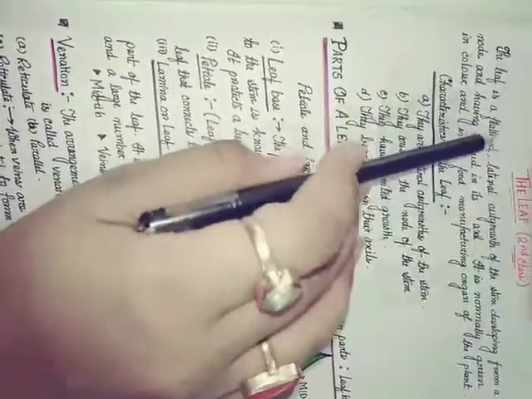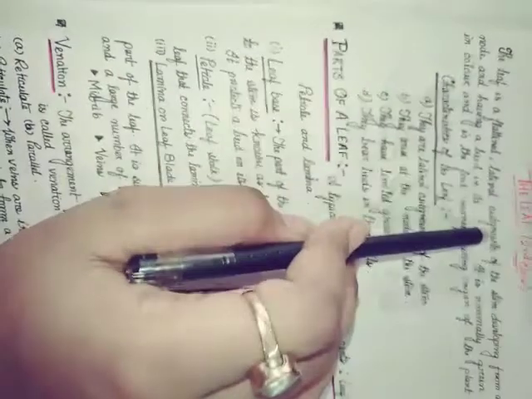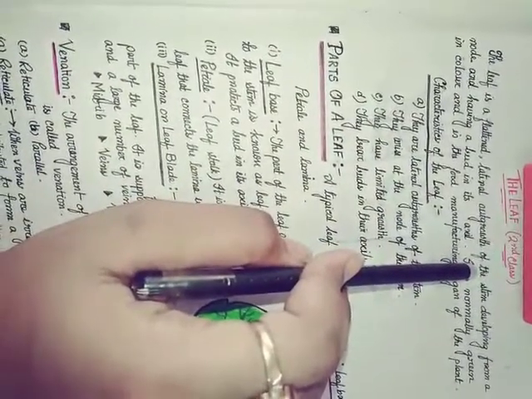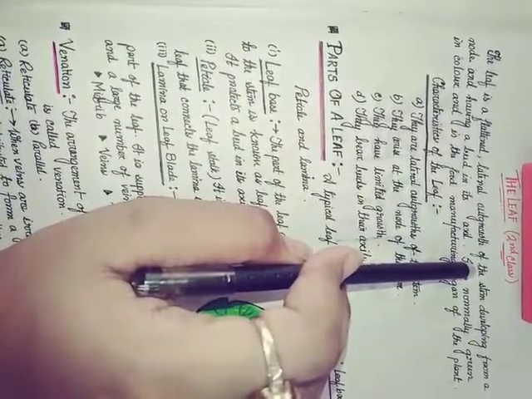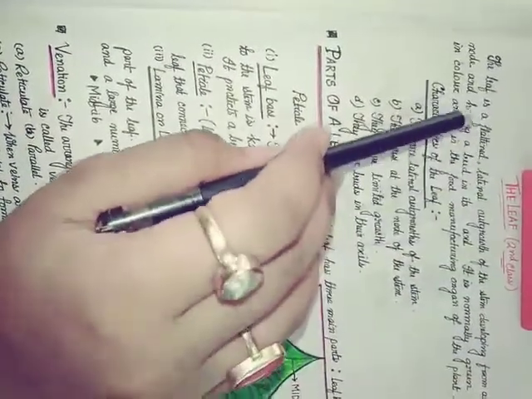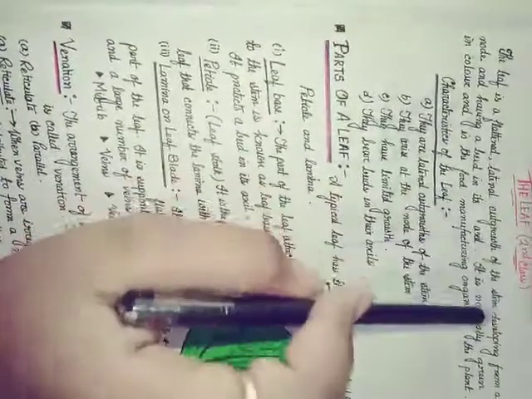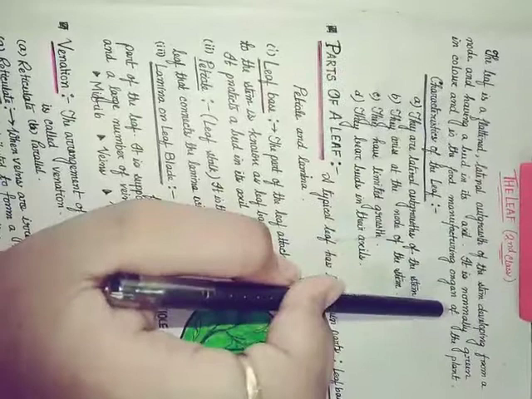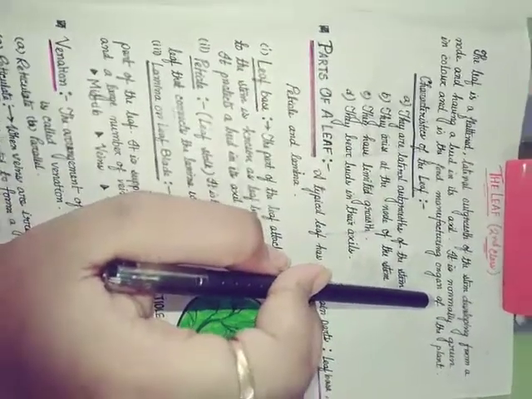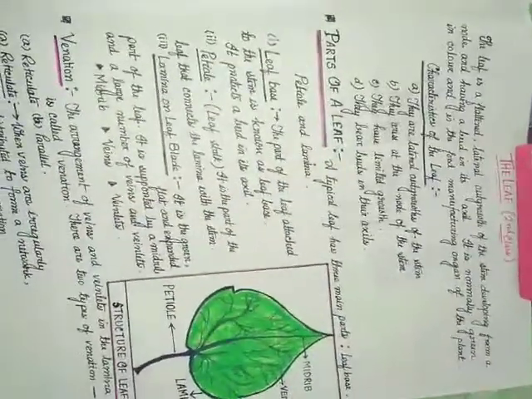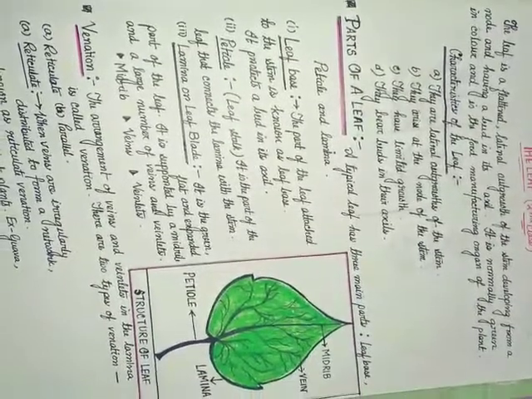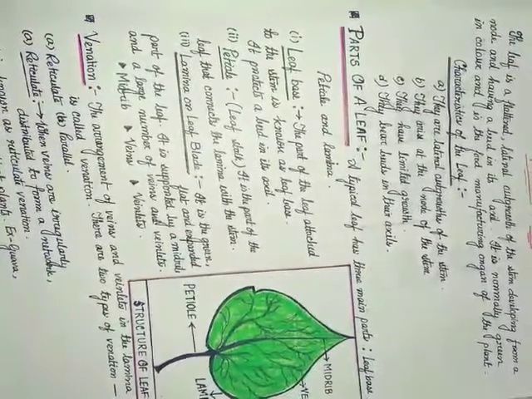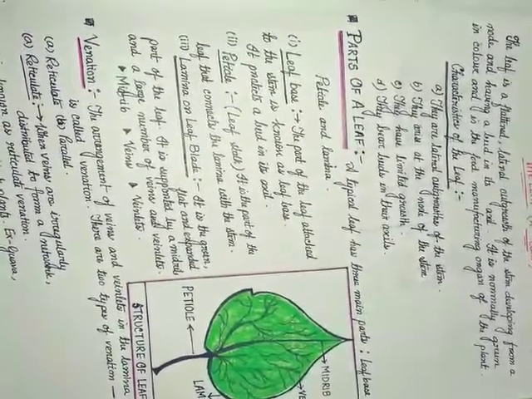The part from where the leaf arises is termed the node. It is the food manufacturing organ, or kitchen of the plant, because the photosynthesis process goes on inside the leaf.